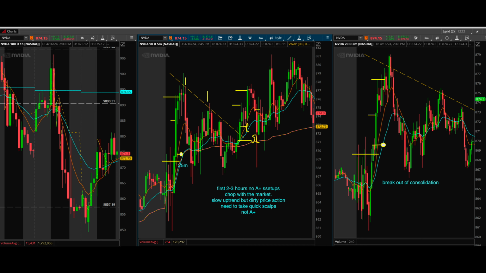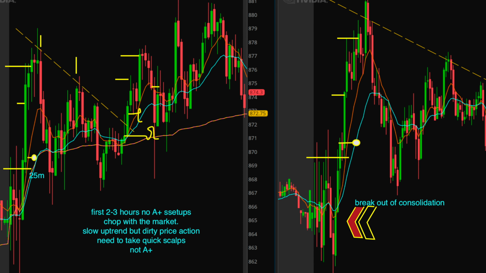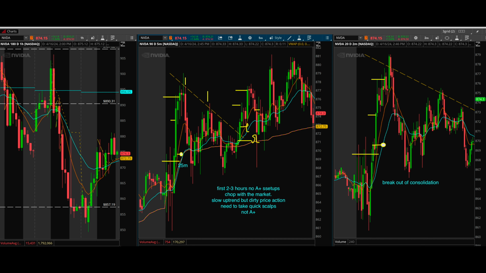If you take a look at Nvidia, it's kind of choppy for the first 30 minutes or so. And then on the breakout of this, you can call this a rectangle or a square, you could get in for an entry with a tight stop loss, right at the trend line break, and go for the upside. It's not the most optimal, not the cleanest, obviously, but it is a strategy in which it paused and consolidated.